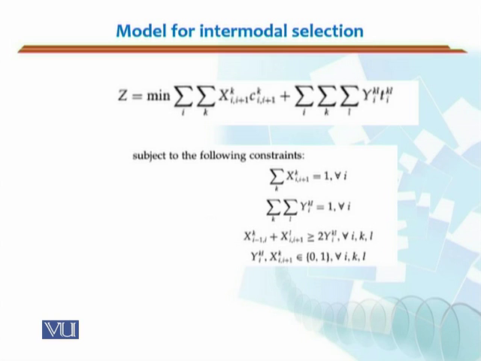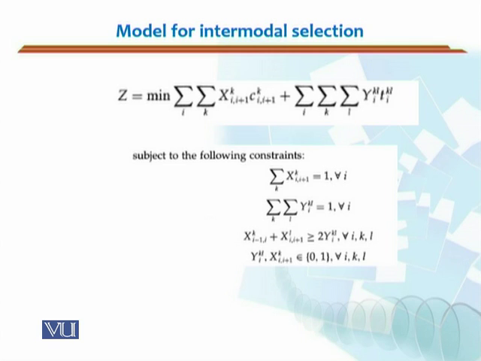subject to the following constraints. The constraints would be that the sum over k of xi,i+1,k should be equal to 1 for all i's. And of course, the sum over k and the sum over l of yikl should also be equal to 1 for all i.